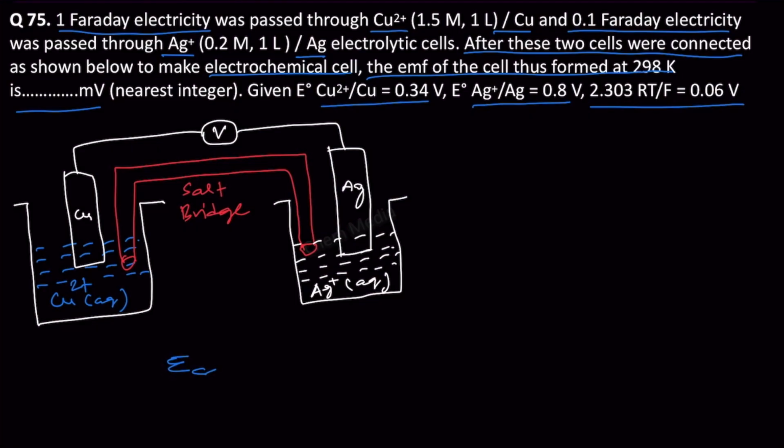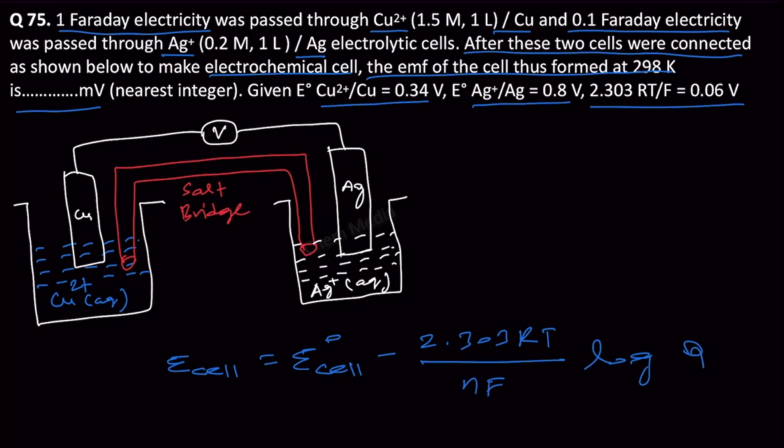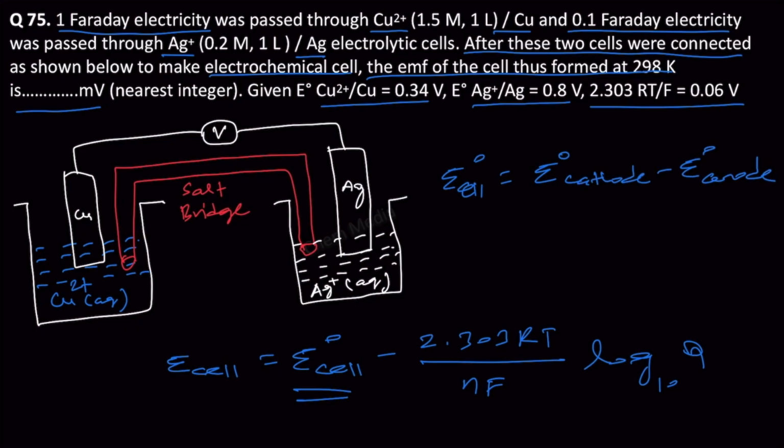The Nernst equation is Ecell equal to Ecell standard minus 2.303 RT divided by nF log Q base 10. Now Ecell standard is the standard reduction potential of the cathode minus the standard reduction potential of the anode.